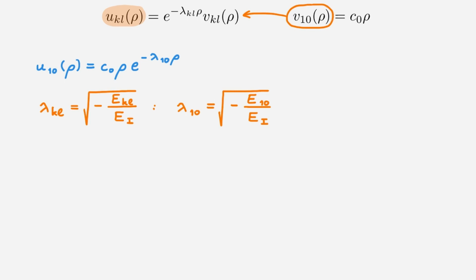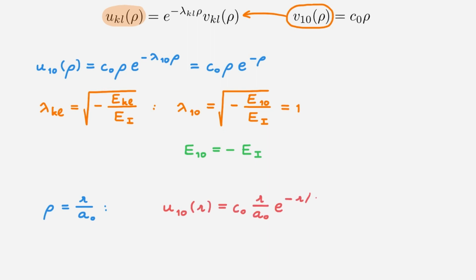Using the fact that the ground state energy is equal to minus the ionization energy, we get that lambda equals 1. Going back to our expression for U, we get that it is equal to C0 times rho times the exponential of minus rho. At this point, we can go back from rho to r using this relation, and we can write the U function in terms of r as equal to this.